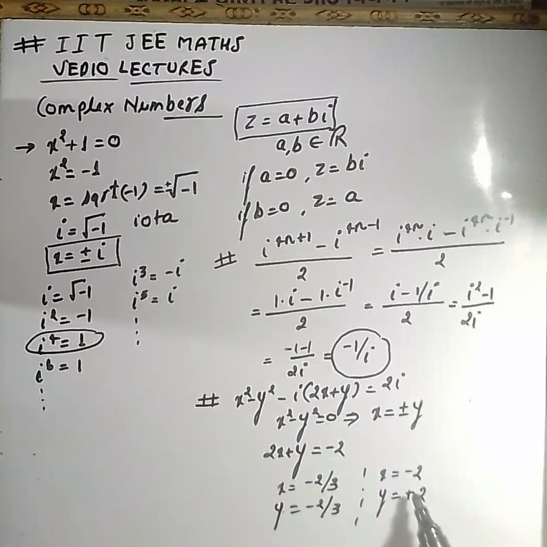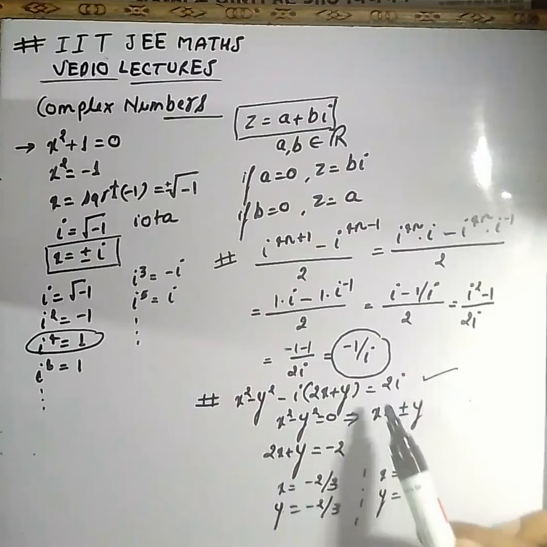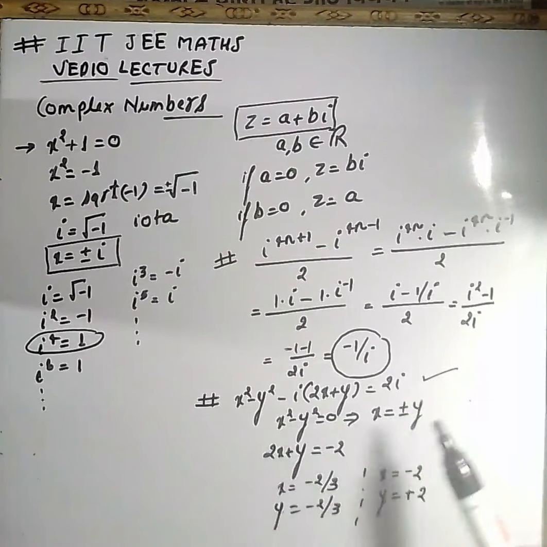So these are the two solutions of the above equations. Okay, if we put these values in the above equation, then we will find that both sides are equal. LHS equals to RHS.